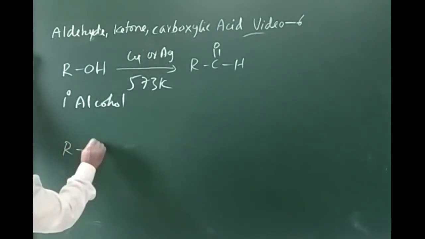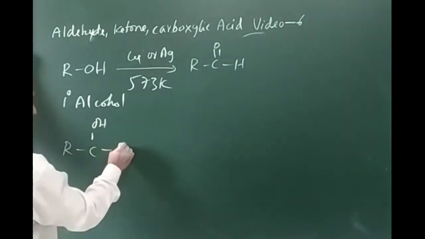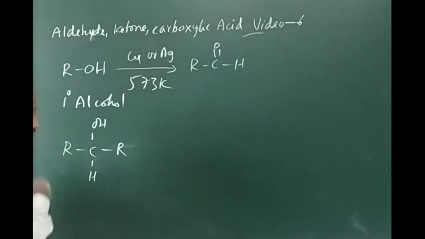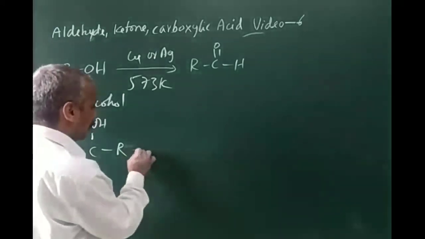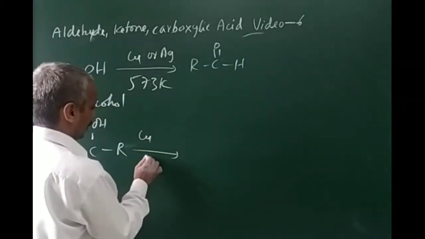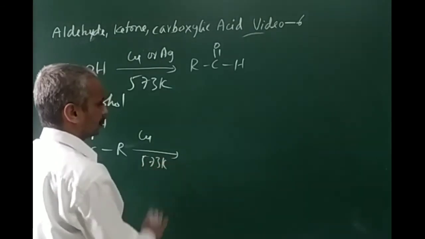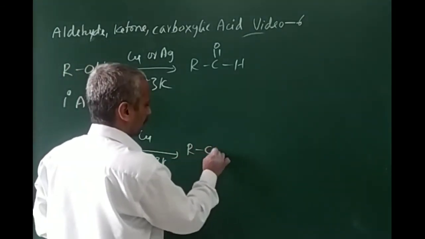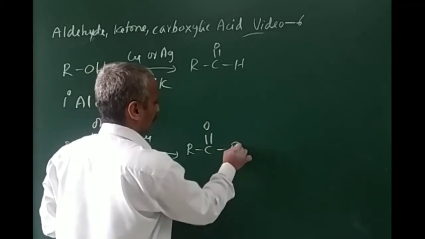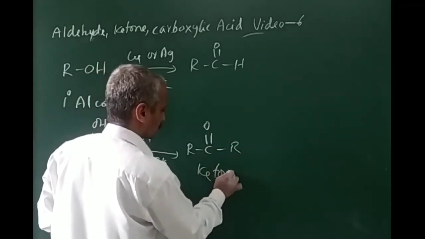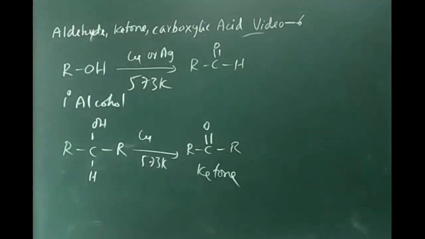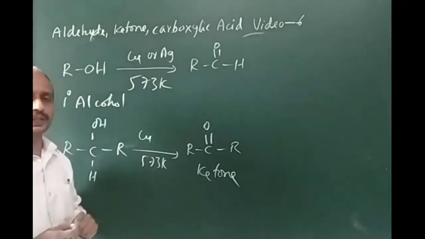Say RCHOHR. What is this? Secondary alcohol. If I heat it with copper at 573 Kelvin, I am going to end with RCOR, a ketone. Removal of hydrogen is oxidation. And these temperatures are also important.